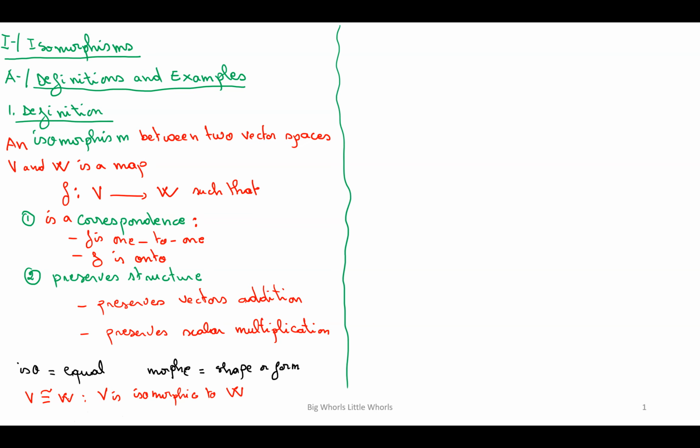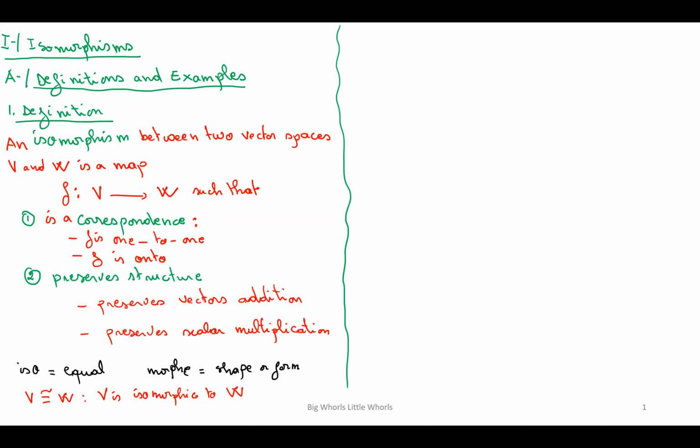And as you can see, there is a subtle difference between the word isomorphism and homomorphism, because iso means equal, and as you will see shortly, homo kind of means equal, but it actually means same. We will see that subtle difference shortly. This is a very interesting chapter. I love linear maps. I love this chapter. So that's the definition.